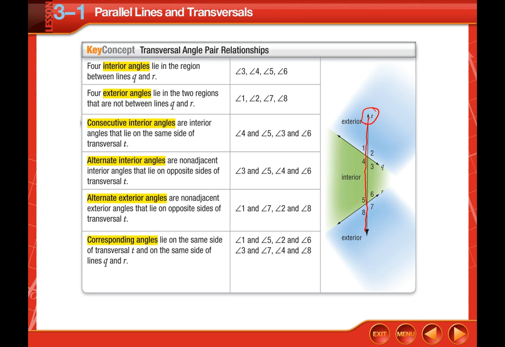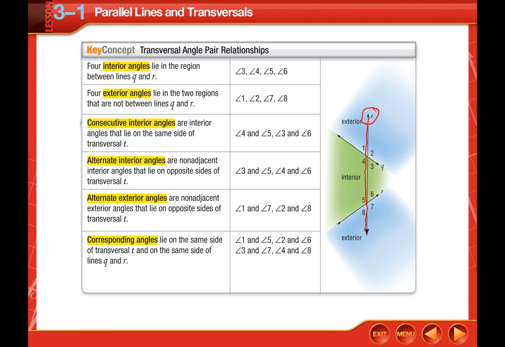Alternate exterior angles. They're non-adjacent exterior angles that lie on opposite sides of the transversal. So this is similar to the interior, except for the fact that we have to look in the blue region. We could say 1 and 7 or 2 and 8.